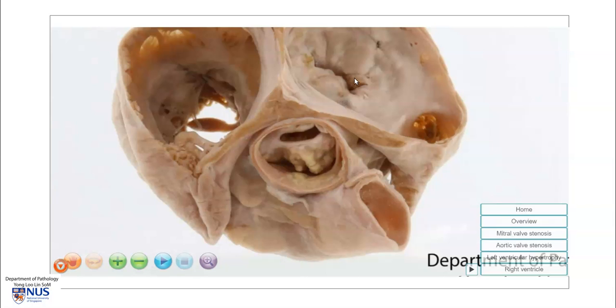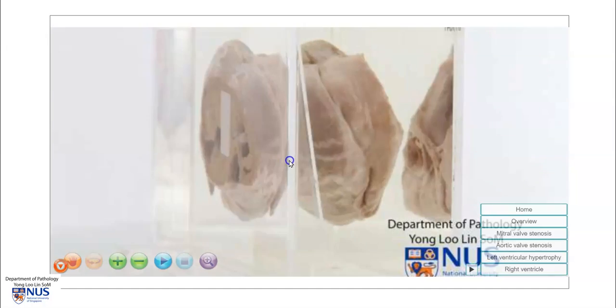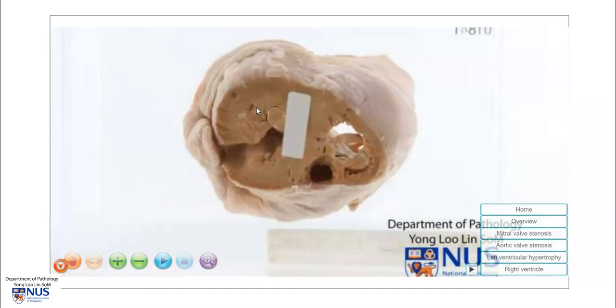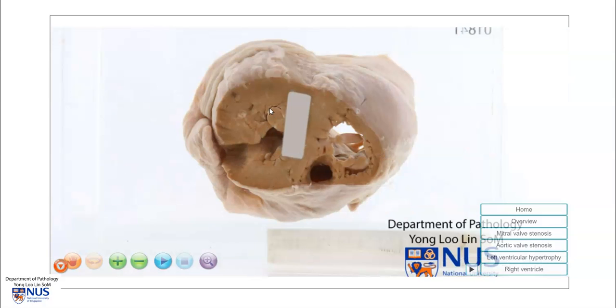It could be due to underlying valve disease involving both the mitral and aortic valves, for example, infective endocarditis. And as I turn this specimen around, again, we can see that the left ventricle wall is much thicker than usual. So this is, again, left ventricular hypertrophy.